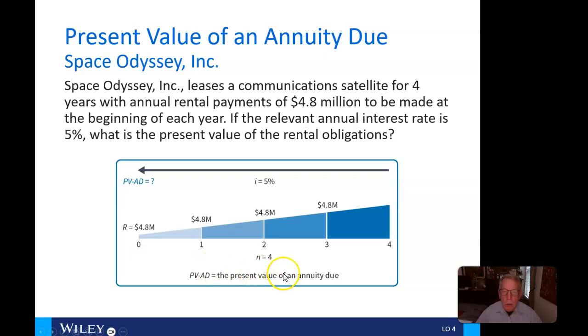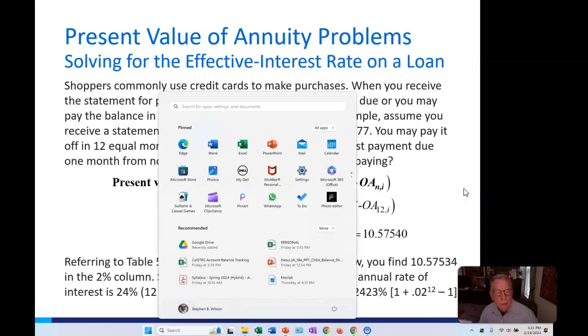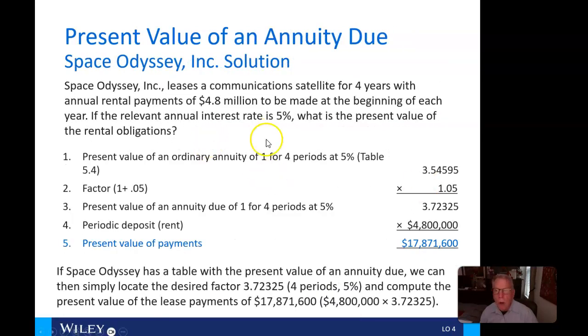So we're going to go into 5% and 4 periods. And that's going to be, in table 5.4, 3.54595. And we adjust that for one more period here to take it to 3.72325.